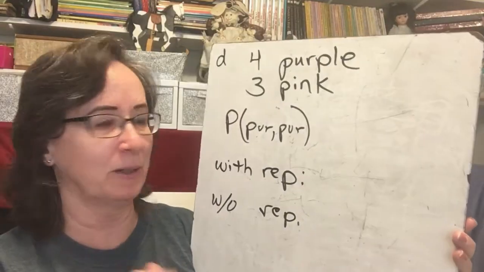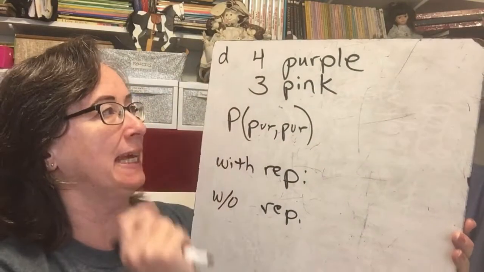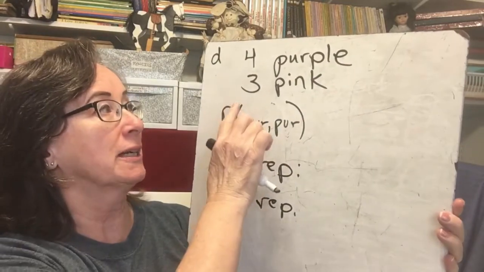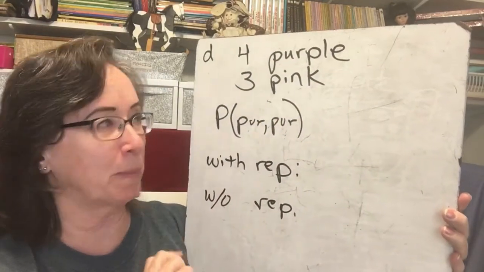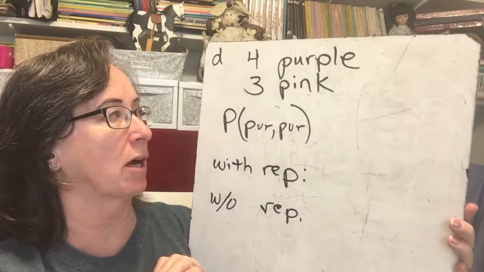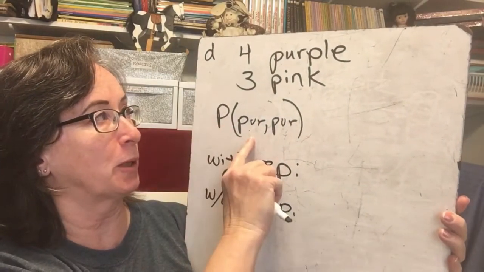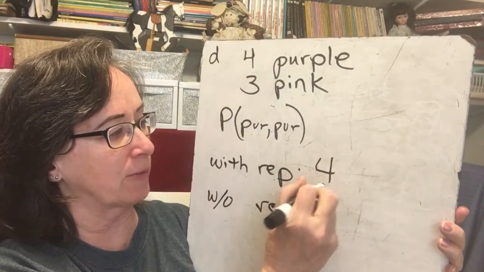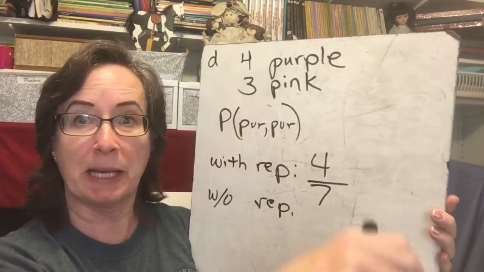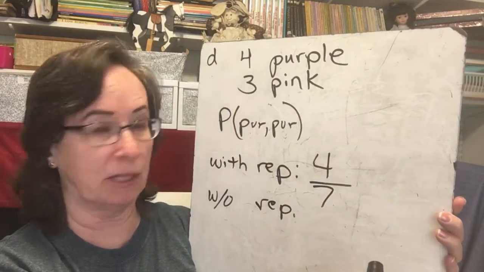Okay, so here is problem D, and we're looking for purple and then purple. And we're going to do the first one with replacement. So we're talking about 2 draws. The first purple would be 4 out of a total of 7. So 4 over 7. But then we're going to replace that purple back into the urn.